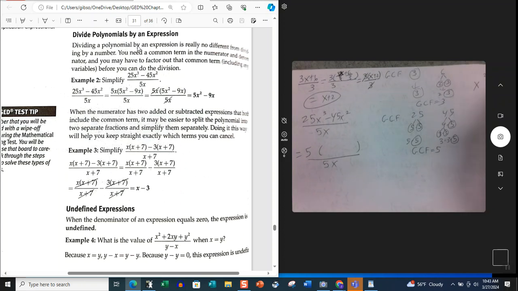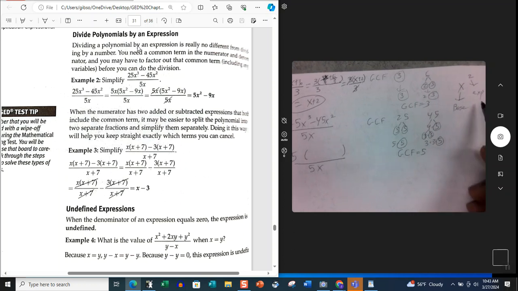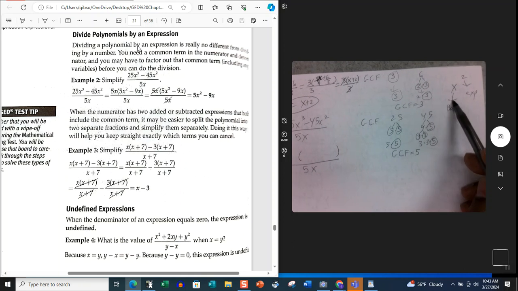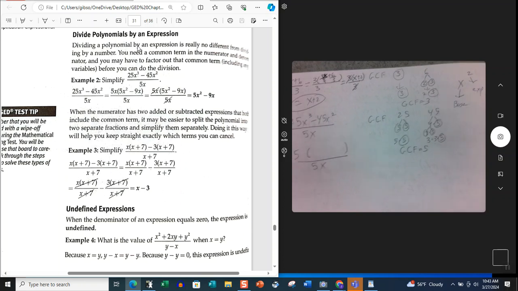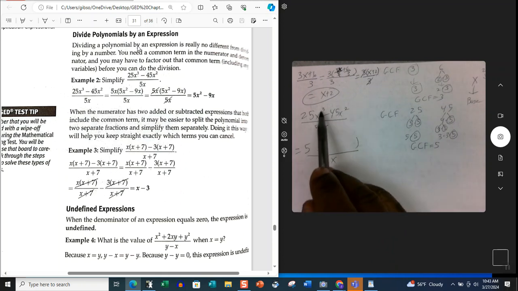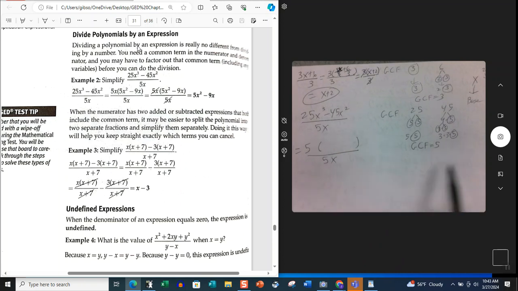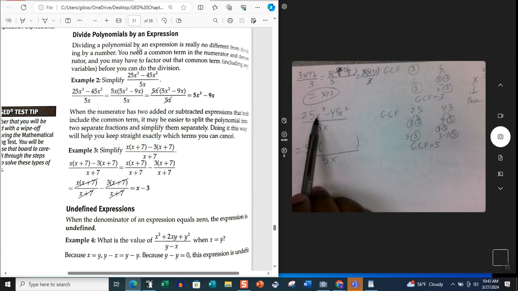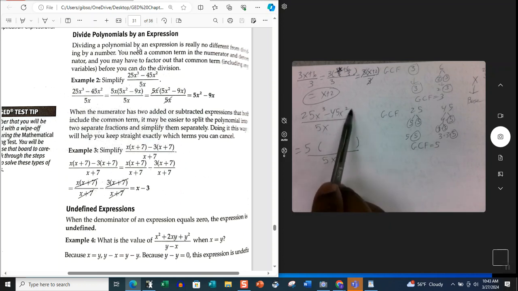Whenever you have a variable to an exponent, the variable itself is the base and the exponent is the exponent. So when I say you have the same base, I'm talking about the same variable. Their exponents can be different, that's fine. Now, what you factor out is whichever exponent is the lowest. You don't have to do a greatest common factor, but when you look at these exponents, the lowest is 2. So you will factor out x squared.